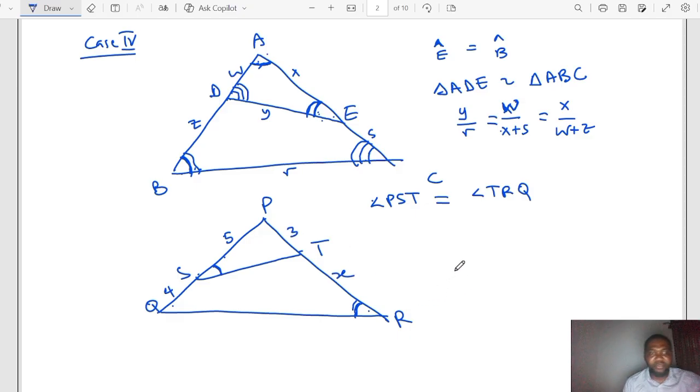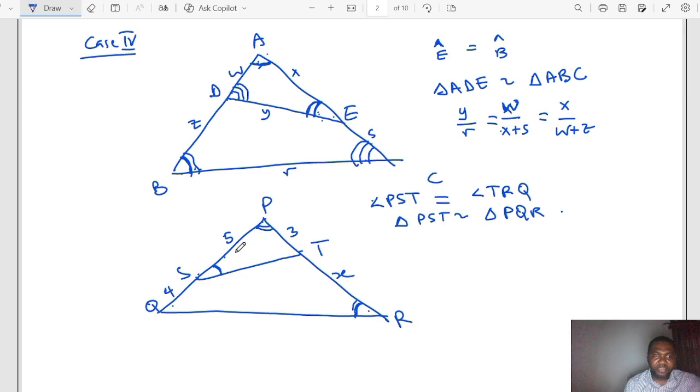Now it becomes very easy because I need to know the corresponding sides. And like I said, both of them are sharing this angle. This angle here is common to this small triangle here. We can say that triangle PST is similar to triangle PQR.